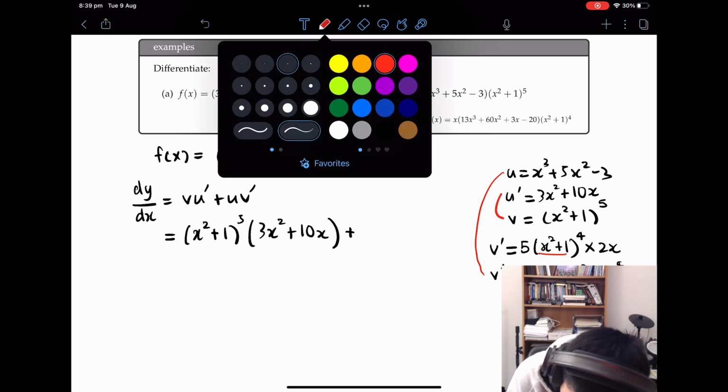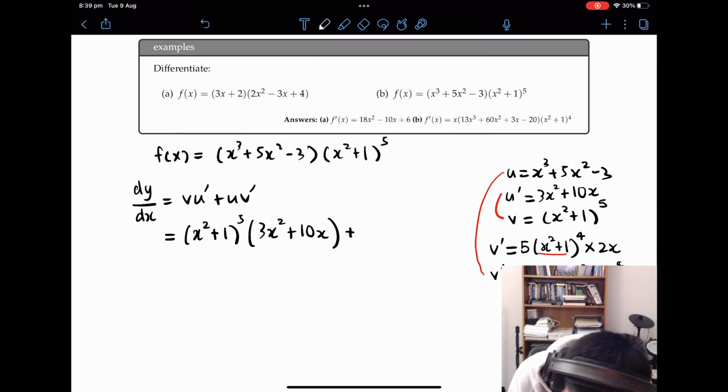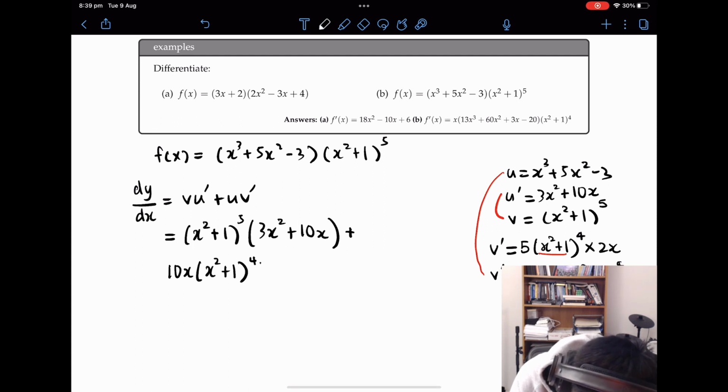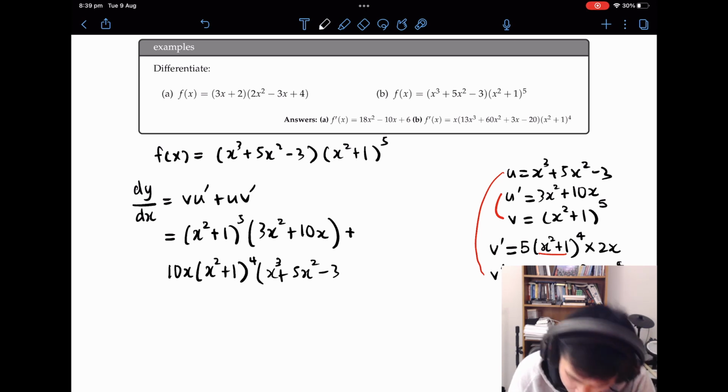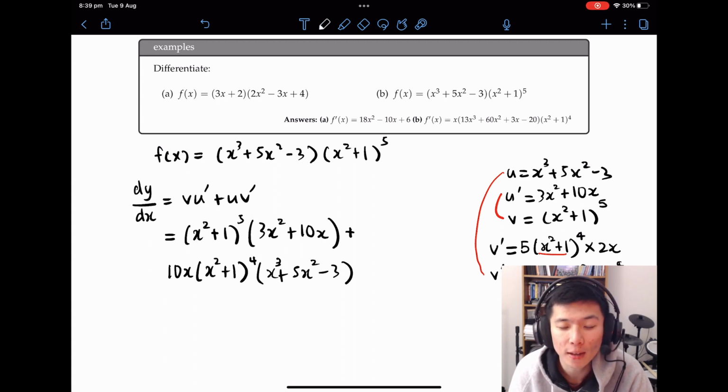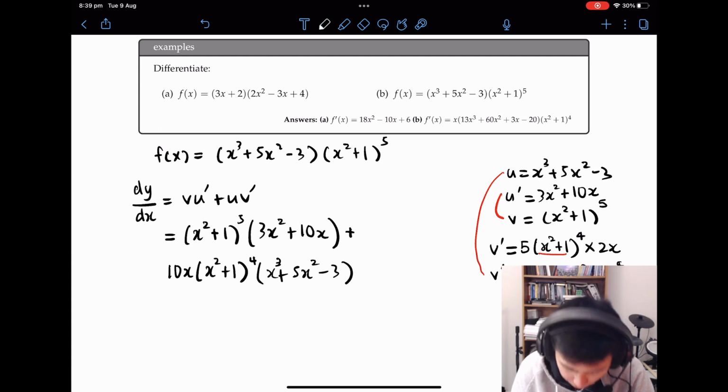So we'll plus, and I'll write it down here since I don't have much space. And so now we have our product rule completed, and all we need to do now is simplify.